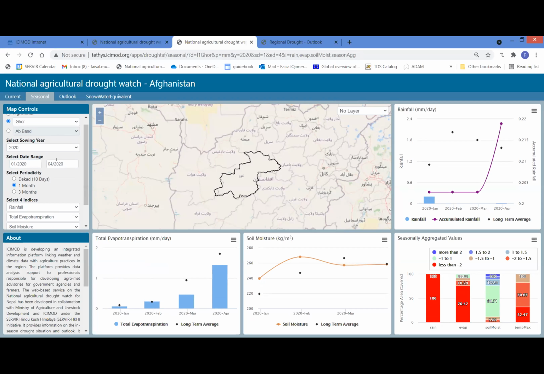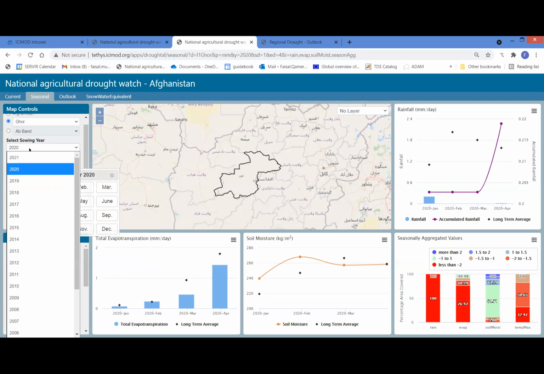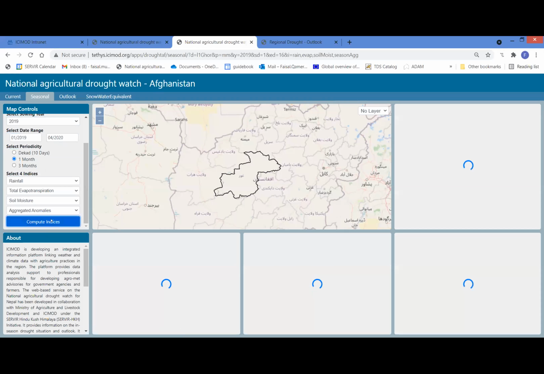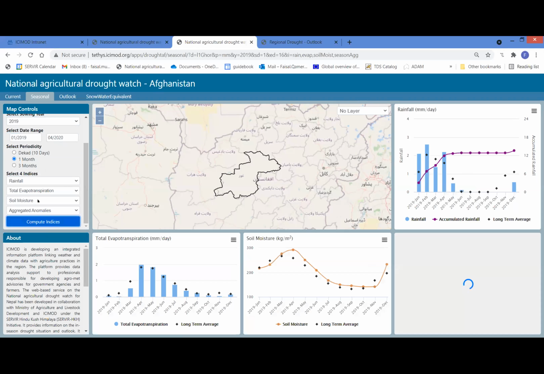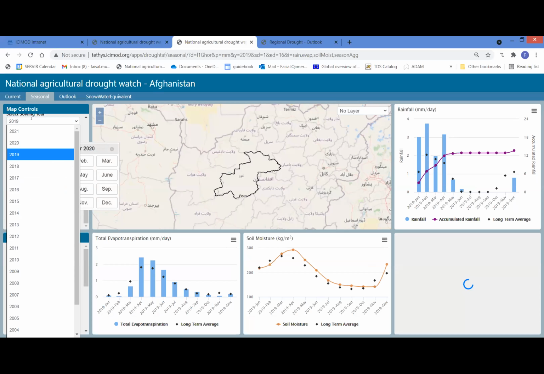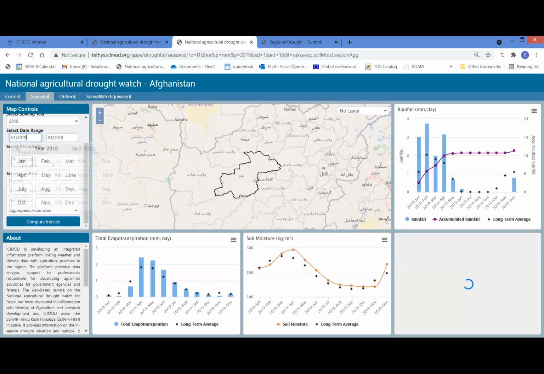For example, if I take 2019, 2019 was an above average year.